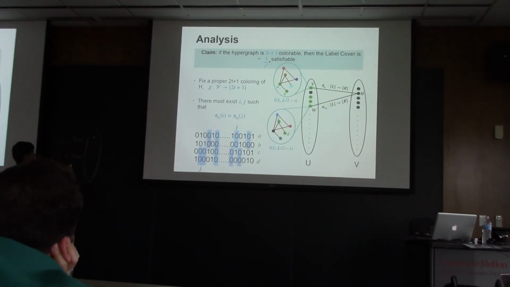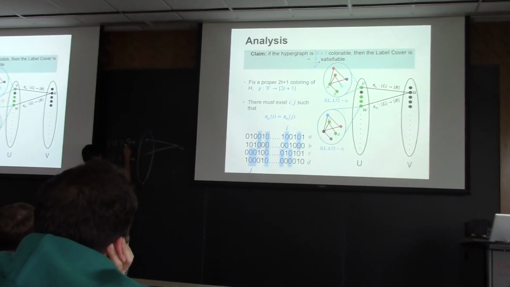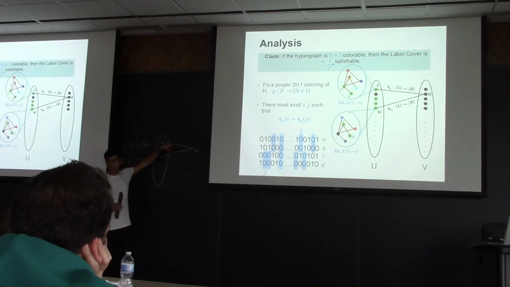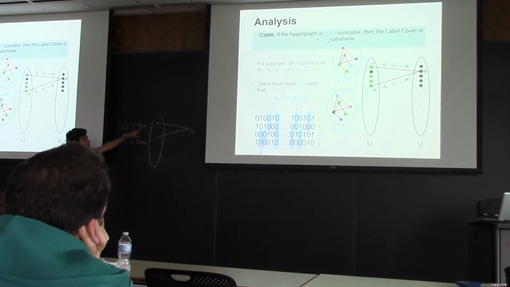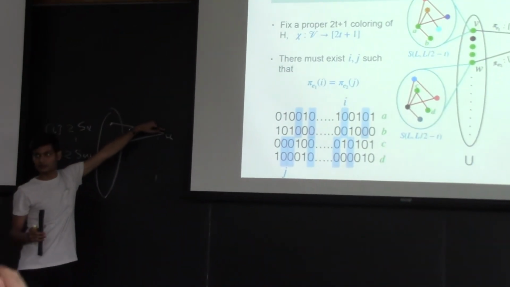And what we know is that if there is a common vertex here, let's project all the labels S_V with respect to this projection. There are at most 2t labels here, or exactly 2t labels here. Let's project on all the labels here.